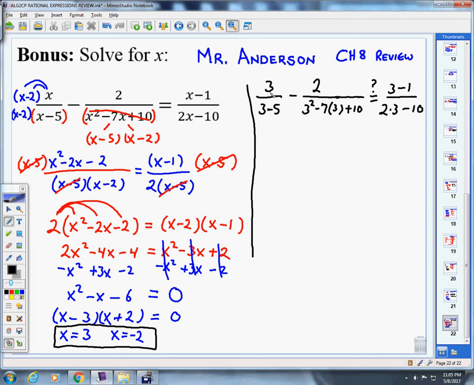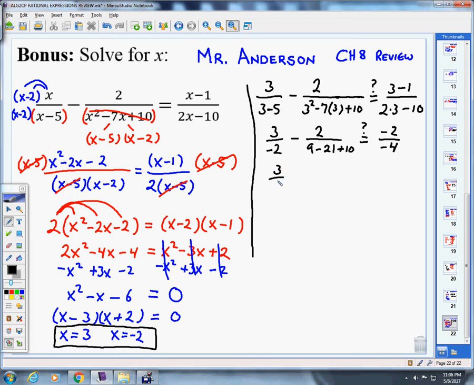Okay, so let's clean this up a little bit. 3 over 3 minus 5. 3 minus 5 is negative 2. Minus 2 over, let's see, that's 9 minus 21 plus 10. Does this equal 3 minus 1 is negative 2 over 2 times 3 is 6. 6 minus 10 would be negative 4.